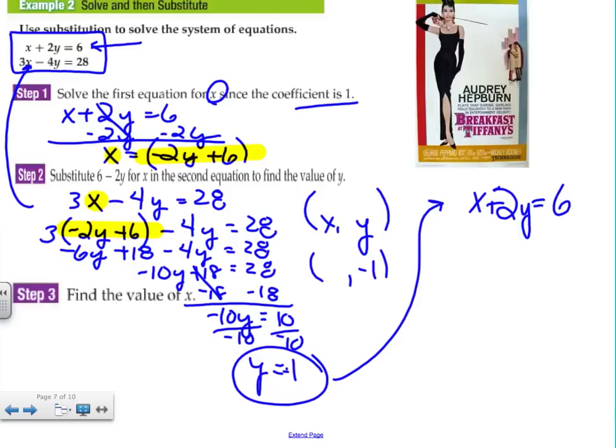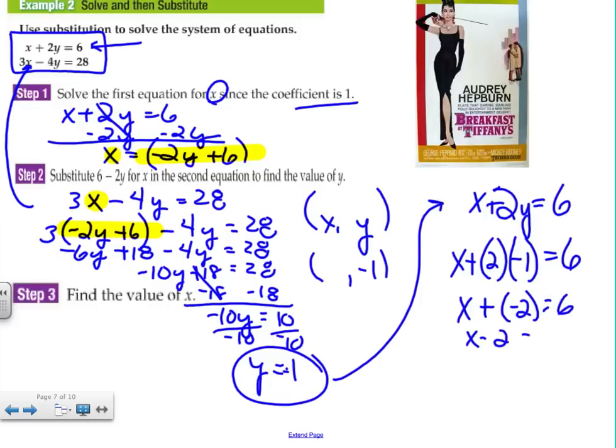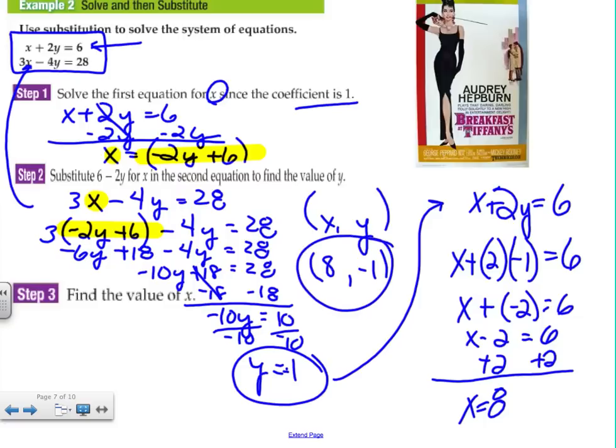So I'm going to substitute negative 1 where the y is. x plus 2 times negative 1 equals 6. x plus a negative 2 equals 6, or x minus 2 equals 6, right? Add 2 to both sides, and we find out that x equals 8. Okay, so now we know 8 is the value of x.